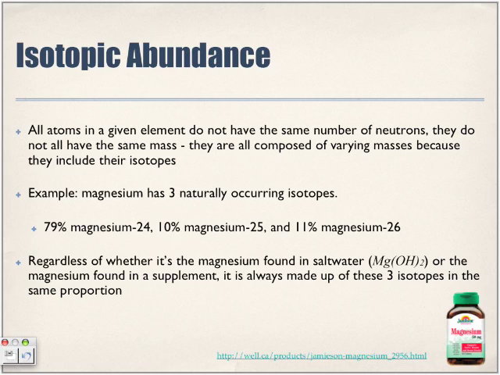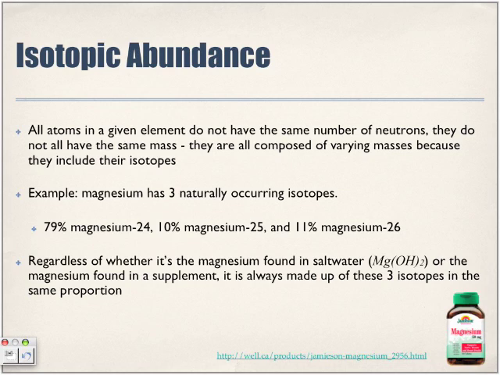At the bottom, we have a diagram of the magnesium supplement that you can buy at a grocery store or a health food store. That magnesium is not just the magnesium we know of, having an atomic mass of just 24 u. It consists of all 3 of the isotopes in varying percentages.